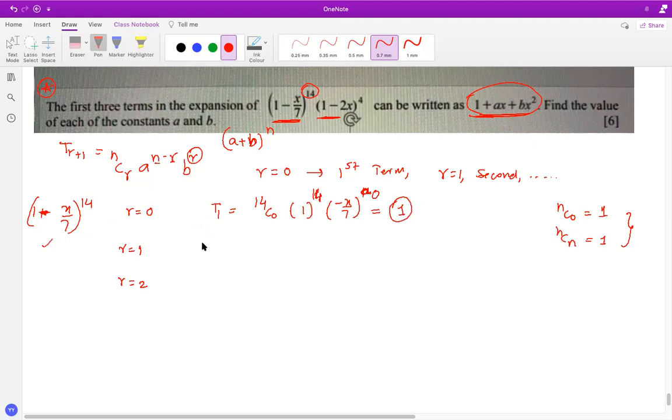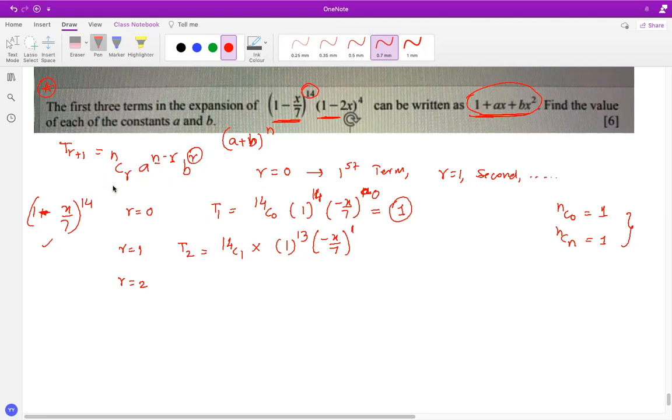Now coming to the second term, T2, which is 14C1 times 1^13, because that's n minus r, so 14 minus 1 is 13, times (-x/7)^1.